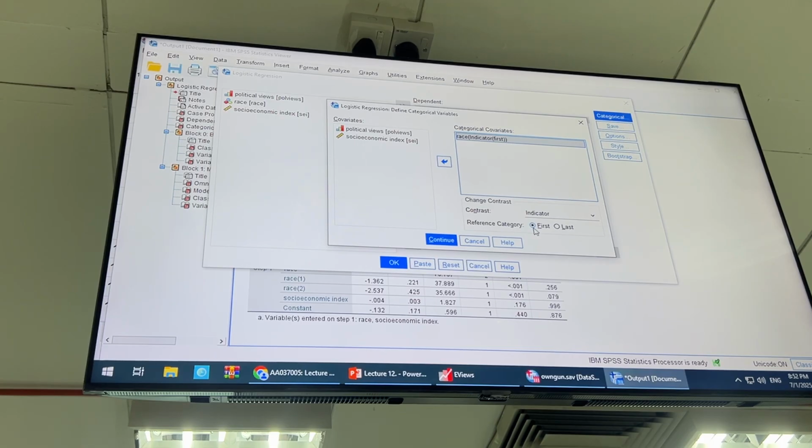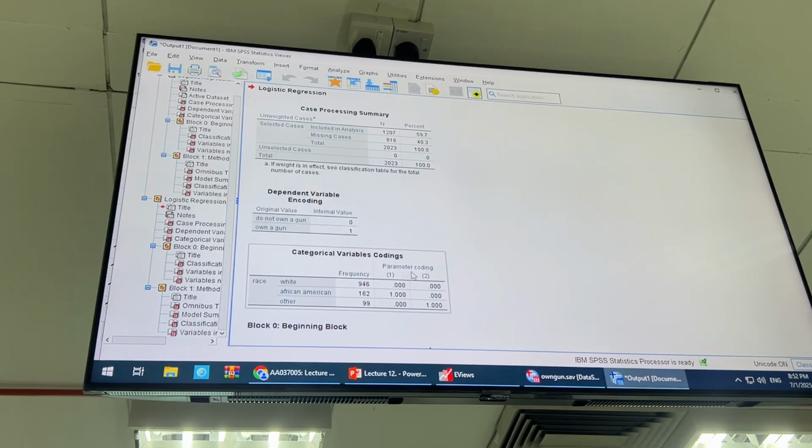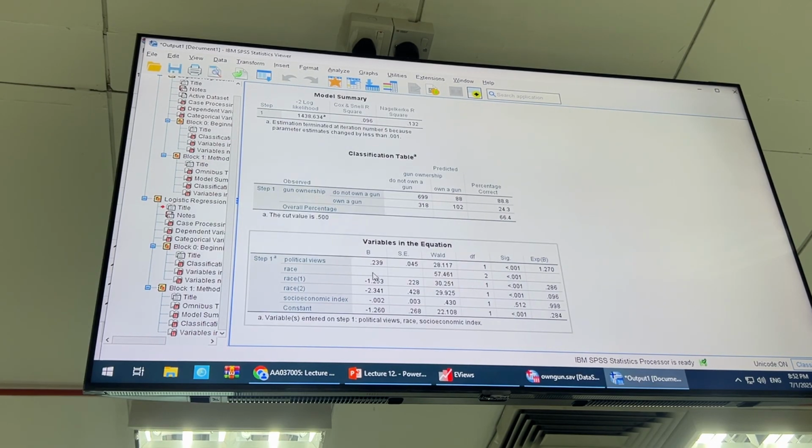The first value, 1 for white, so we want it to be the same as the one produced by EViews just now. So continue. Okay, we get this. You notice that we get the same estimates, but SPSS produces the anti-log and gives us the estimated odds ratio. So no need to calculate manually, you can just get it from the last column.